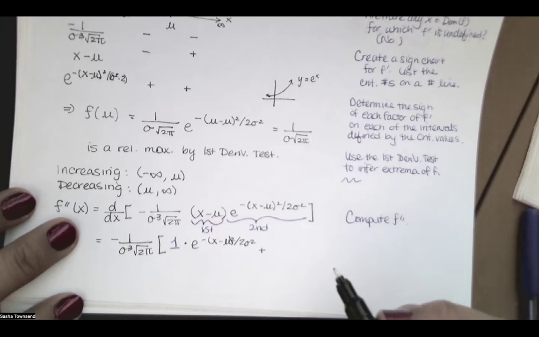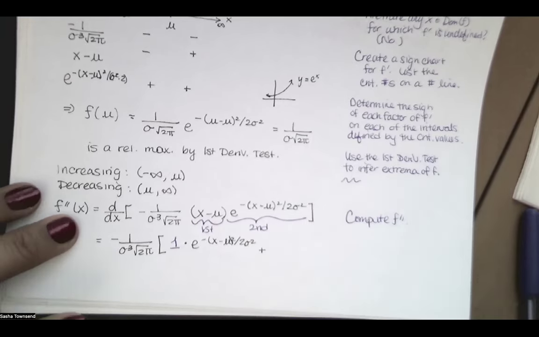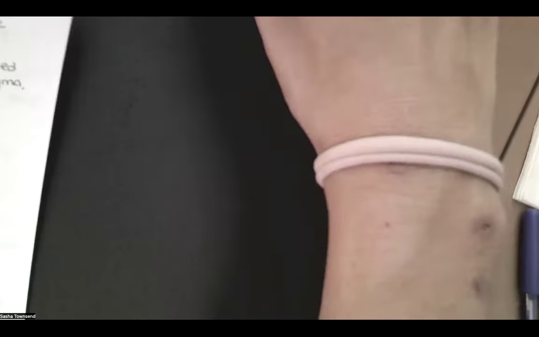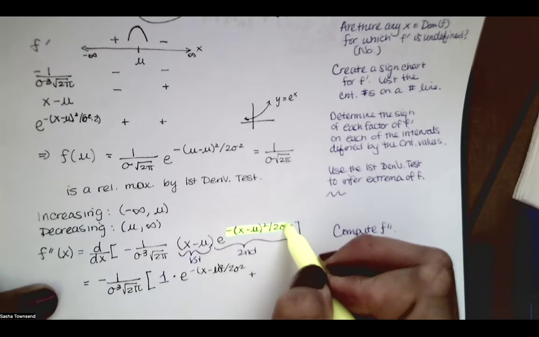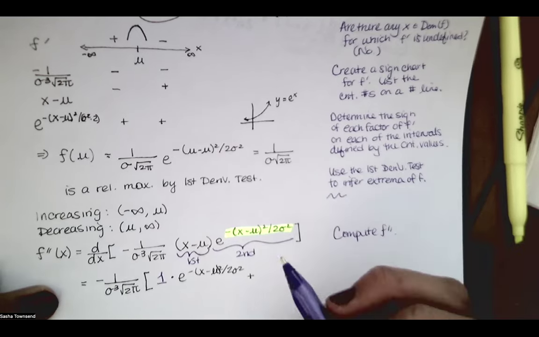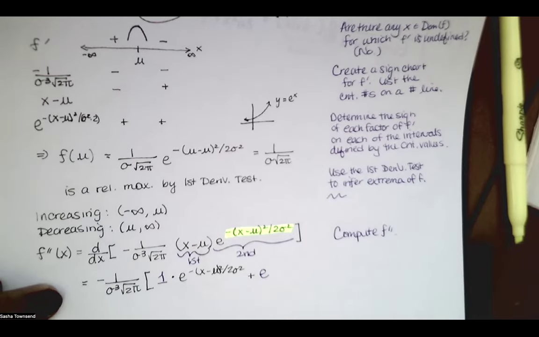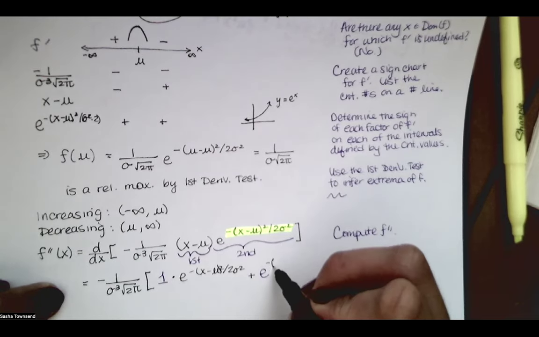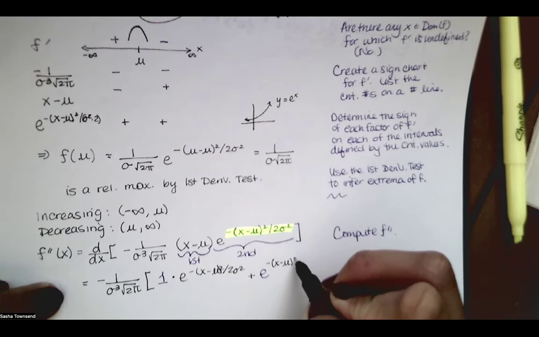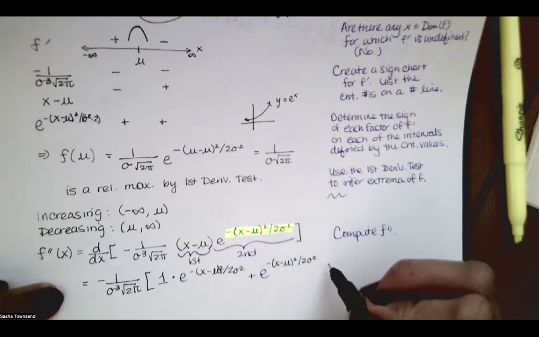Well, actually, let's just do that again. We'll use the chain rule. Oops, there's my highlighter. Here's my inside function. The derivative of e to some power is e raised to that power times the derivative of the inside by the chain rule.